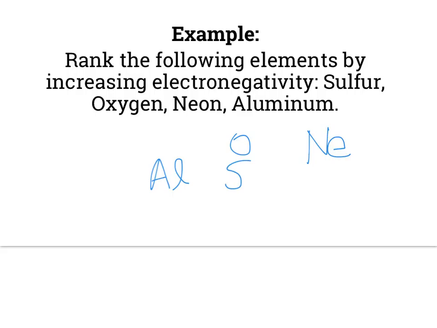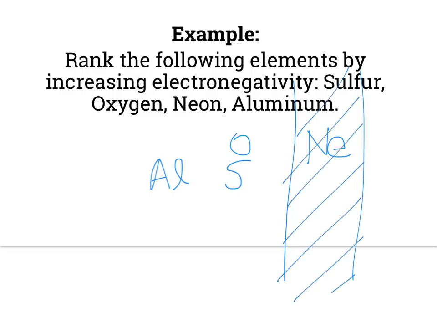So for neon and most noble gases, when dealing with electronegativity, they're not really going to factor in. You're just going to be able to ignore them. They're not going to really ask you questions about it, largely because the trend kind of falls apart when you get to noble gases, because some of them work, some of them don't. So typically fluorine, think of as your highest electronegativity, which is over here.